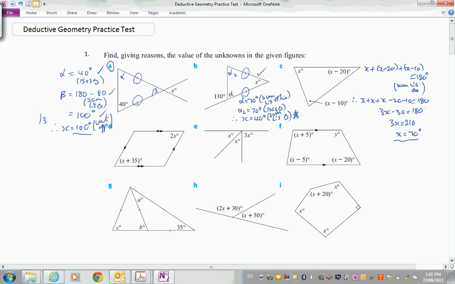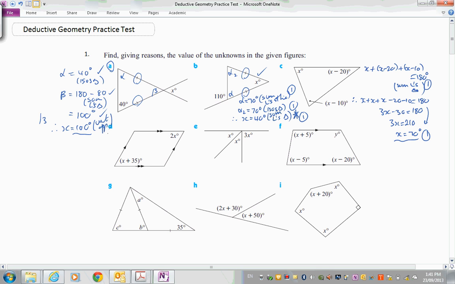You don't need to give reasons for these algebraic steps. So probably only 2 for that one, 1 for that and 1 for the answer with reasonings. Oh, sorry, I missed it out over here. 1 for that, 1 for that. No, there's 3 reasons. I'll give you 3 marks there. So far, it's out of 8, this question.